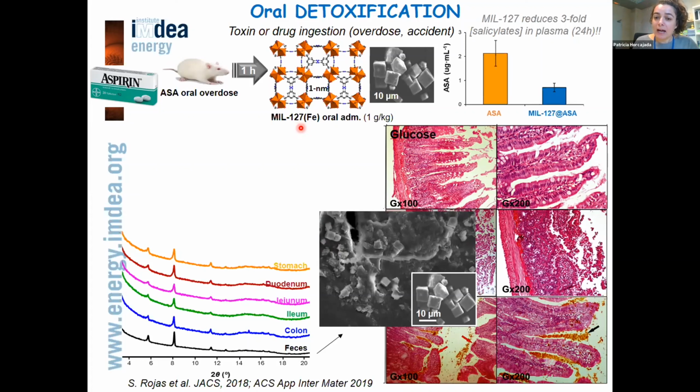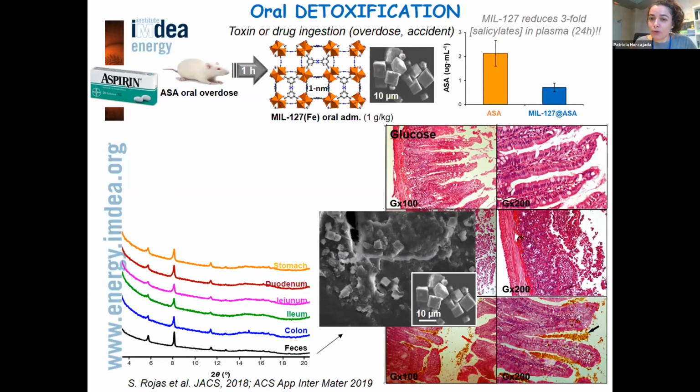Thus, one hour after a rat oral overdose with aspirin, the second cause of pediatric fatalities, the MOF was orally administered. And we have seen that the MOF is able to reduce the drug absorption.